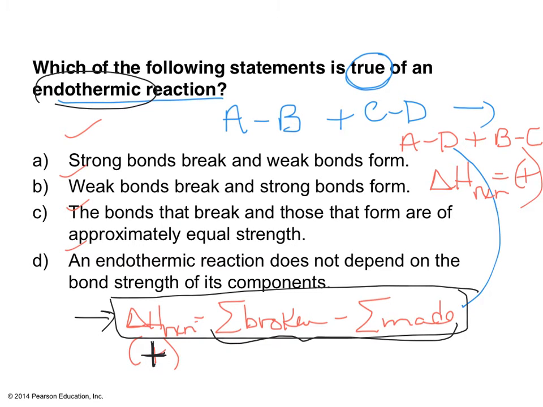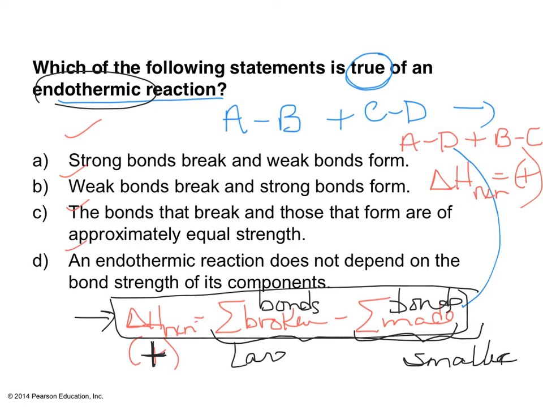And what combination of bonds broken and bonds made would give a positive value? That means that the energy for the bonds made must be smaller than the energy for the bonds broken. In order to get a positive value, what you're subtracting must be smaller. So let's see which one of these fits with that.